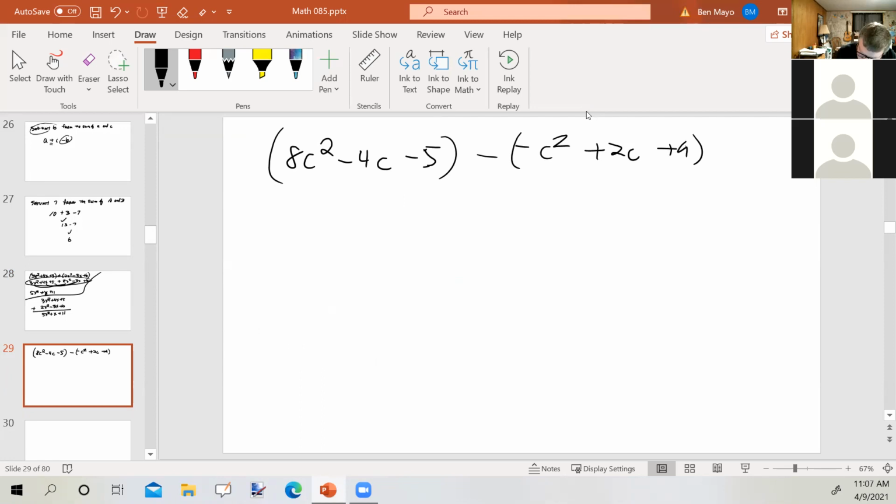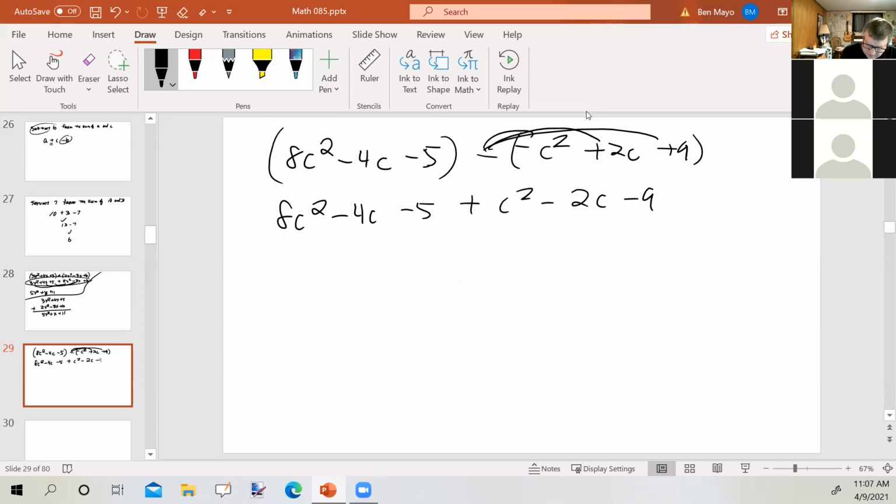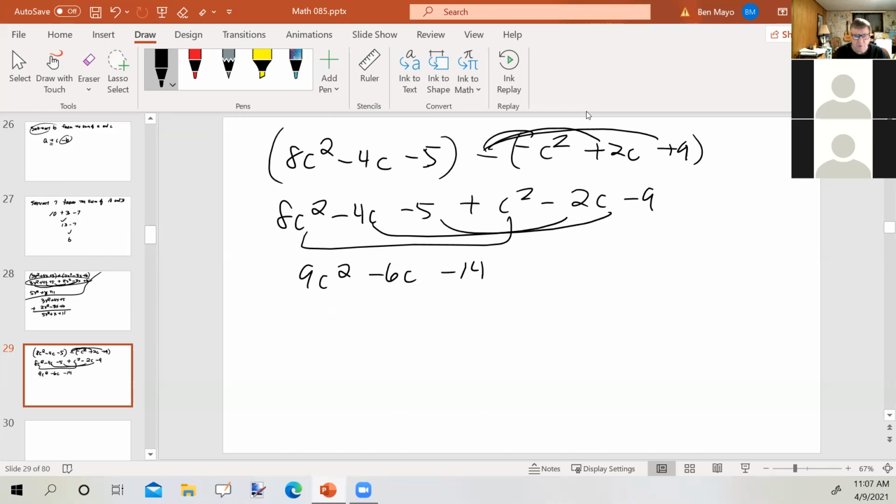So we're back to the horizontal format. This would be 8c squared minus 4c minus 5. Minus times a minus is plus c squared. Minus times a plus is minus 2c. And minus times a plus is minus 9. Combining like terms, 9c squared minus 6c minus 14.